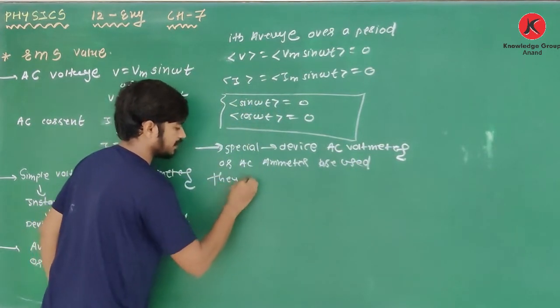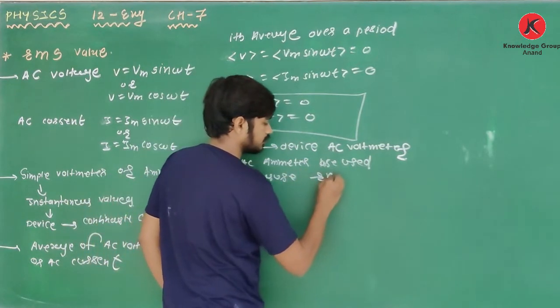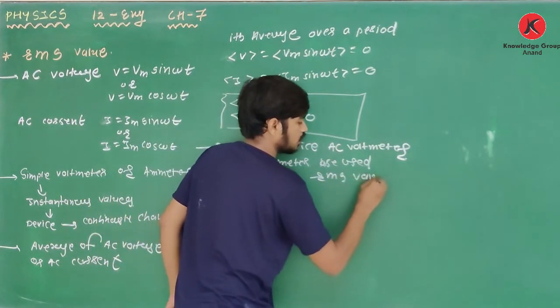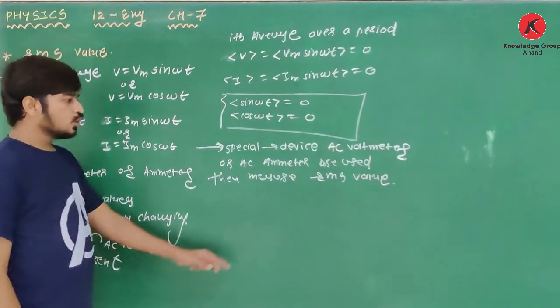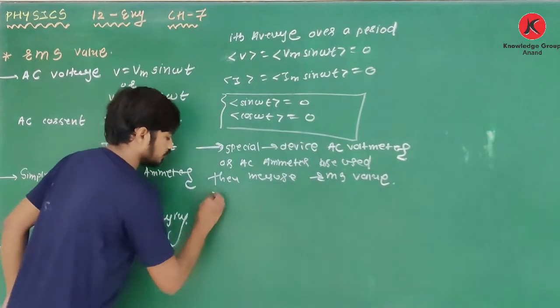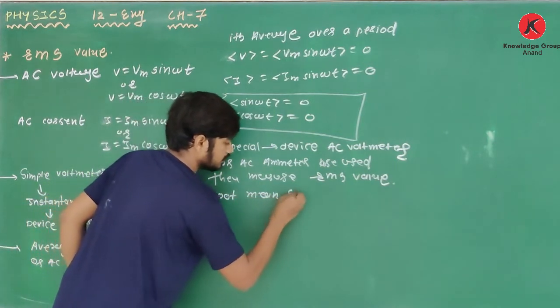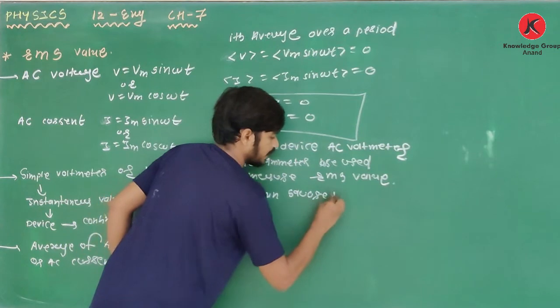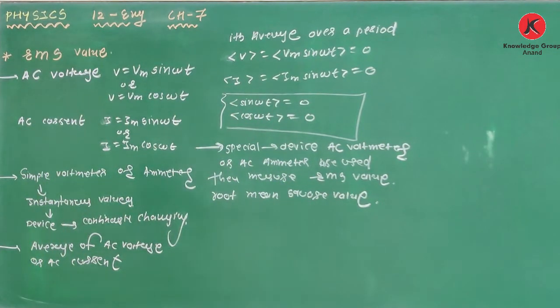And they measure RMS value. Now what do you mean by RMS value? RMS means root mean square value. Okay, now what is root mean square value? How to find RMS value?